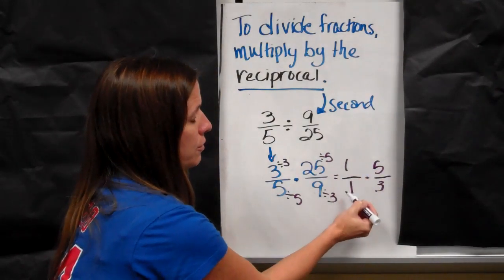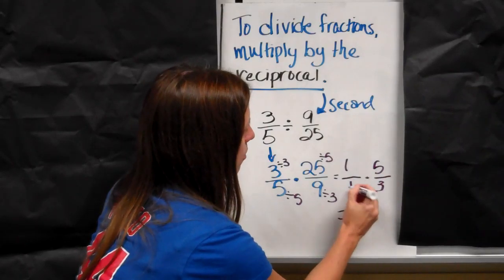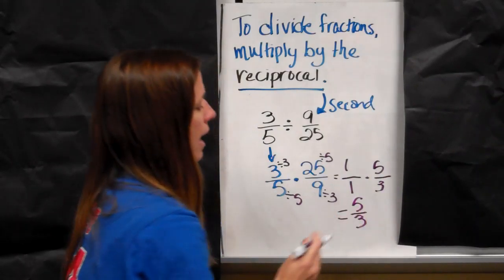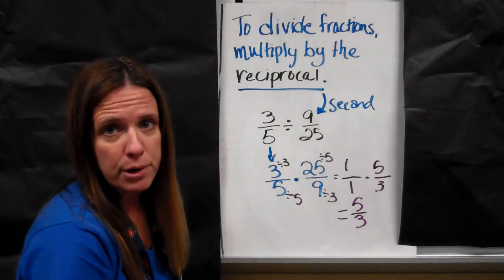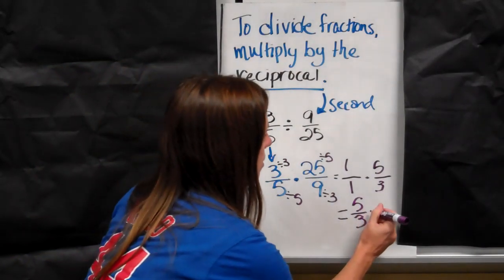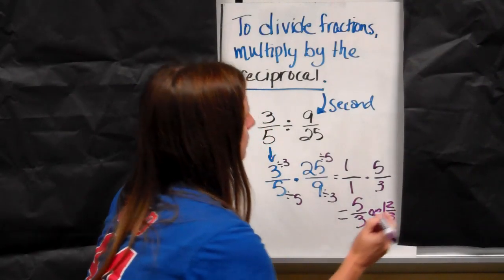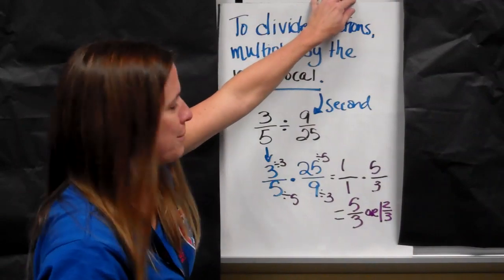So now we have 1 over 1 times 5 over 3. 1 times 5 is 5, 1 times 3 is 3, and we have 5/3. That's improper, so we will take that, or you can change it to the mixed number, which would be 1 and 2/3. Let's look at a couple examples.